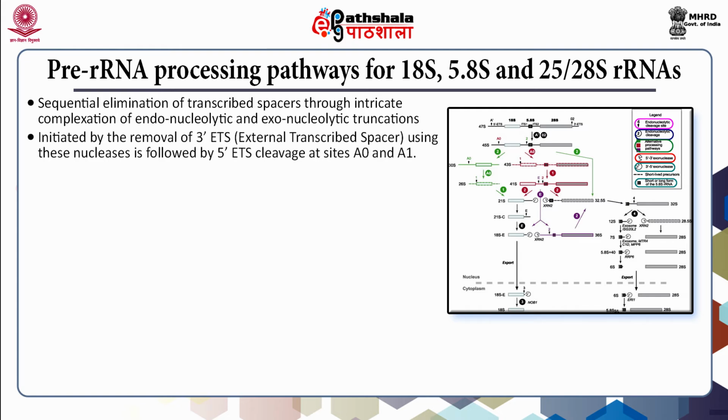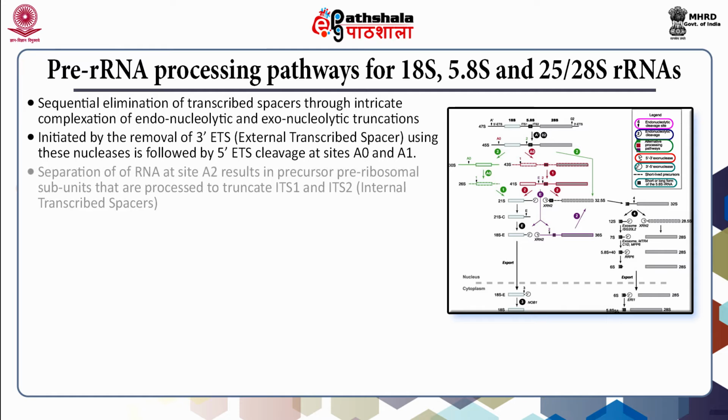Initiated by the removal of the 3' external transcribed spacer using nucleases, it is followed by the 5' external transcribed spacer cleavage at sites A0 and A1, and then the separation of RNAs at site A2. This results in precursor pre-ribosomal subunits that are processed to truncate the ITS1 and ITS2 sequences.